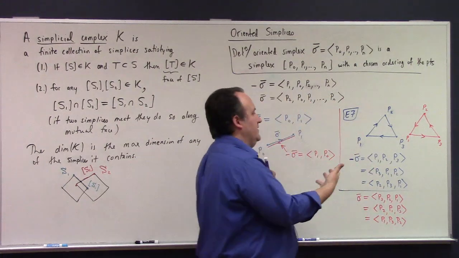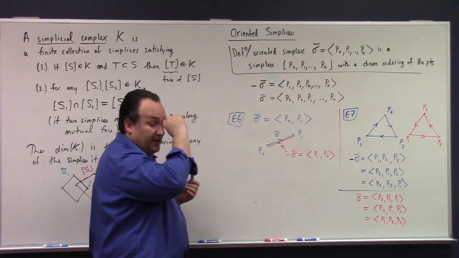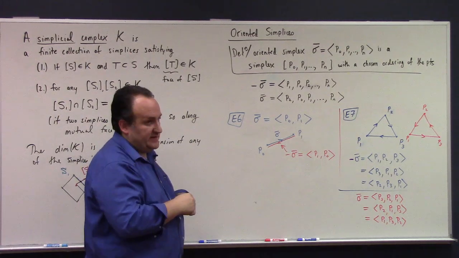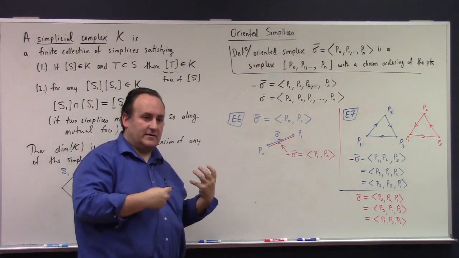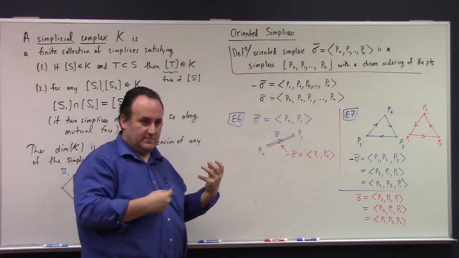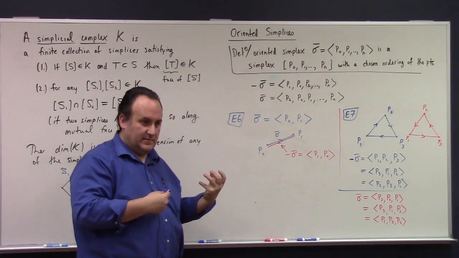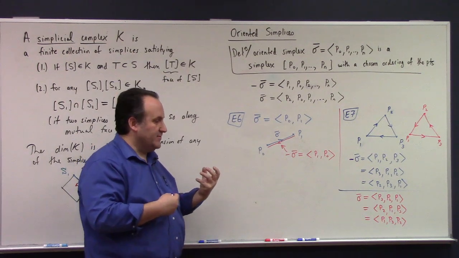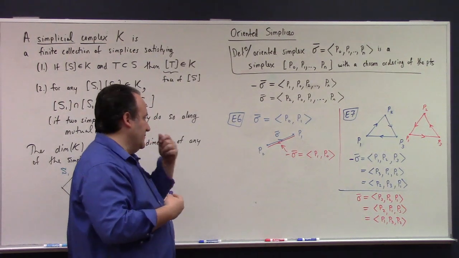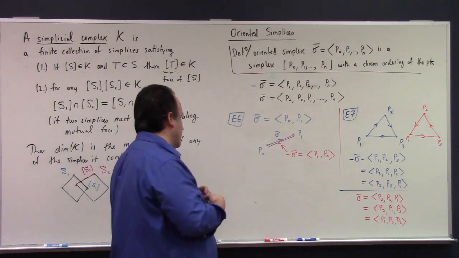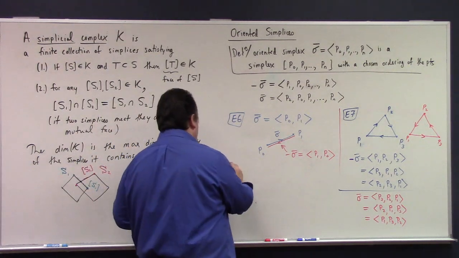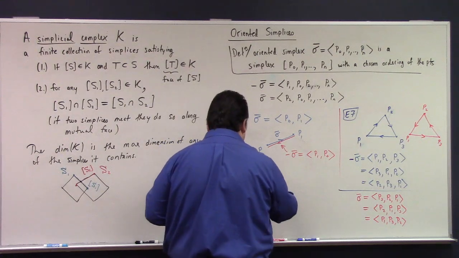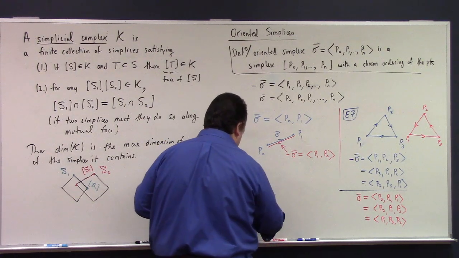So you see the ordering of this oriented simplex business gives us a way of orienting faces algebraically. This is pretty neat. So we can also define this for a tetrahedron, right?